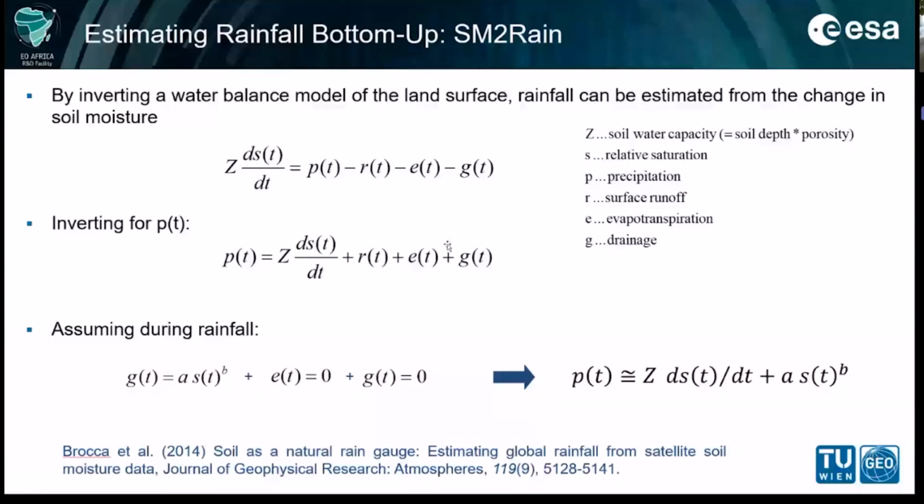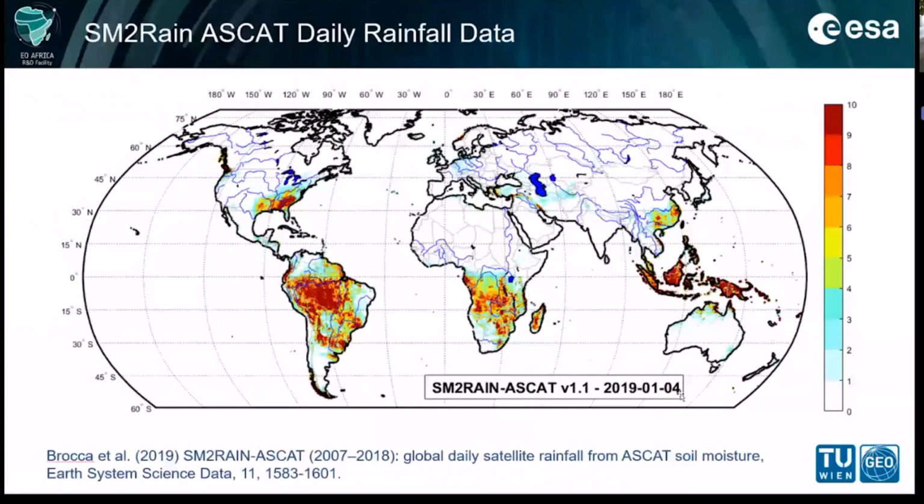If you make some assumptions there, then within a short time frame, these are either set to 0 or can be approximated with a certain assumption. Then you find that precipitation amount can be estimated by looking at the changes in soil moisture conditions over time. That's a very nice algorithm. Again, this should be an animation.